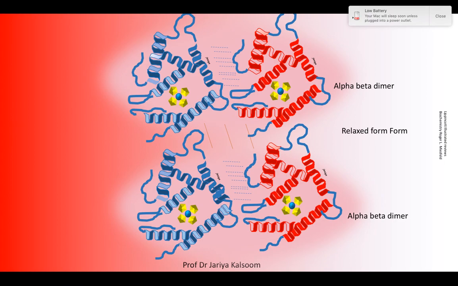The resulting movement of the globin chains alters the interface between alpha beta dimers. This leads to a structure called the R or relaxed form, which is a high affinity form for oxygen.